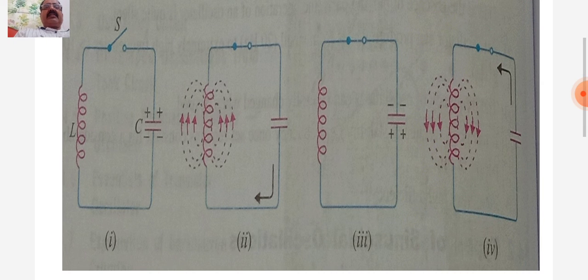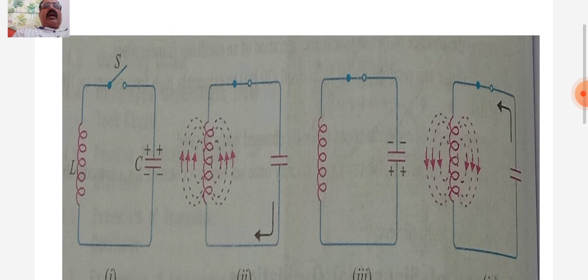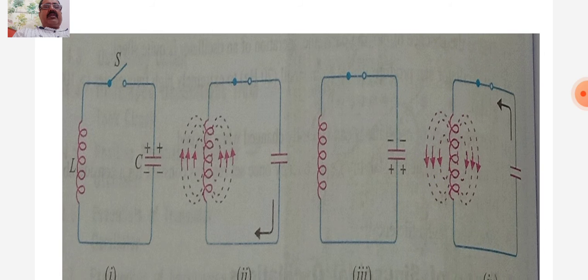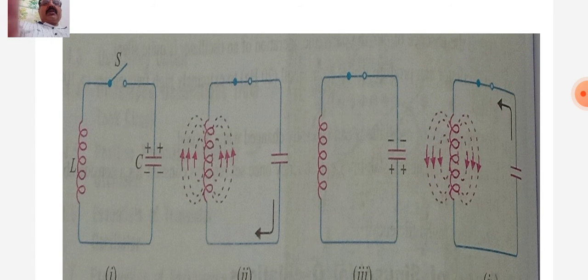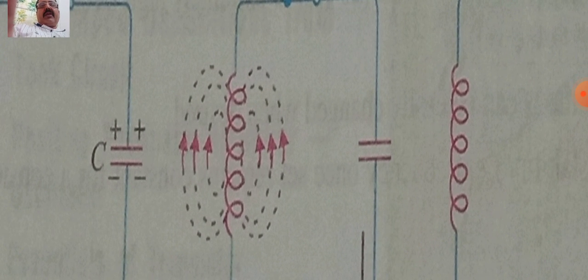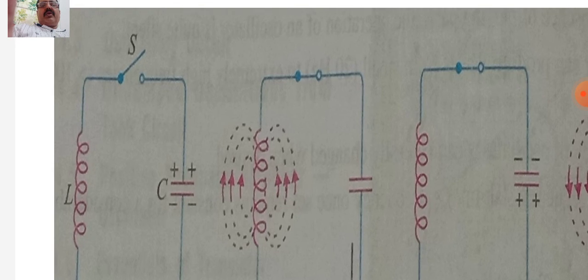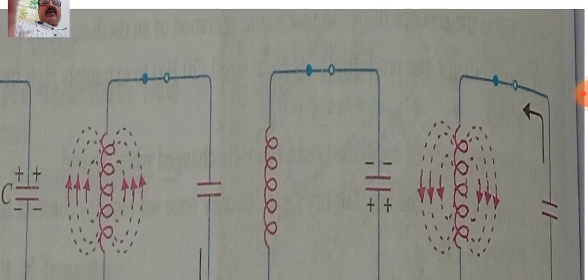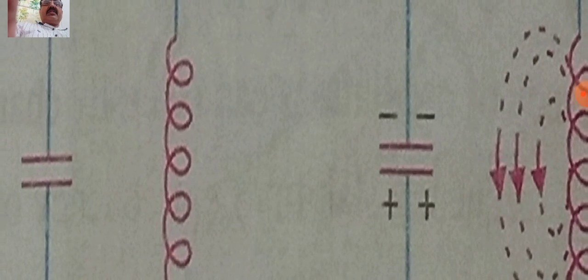The result is that the capacitor is now charged with opposite polarity, making the upper plate of the capacitor negative and the lower plate positive. So we have to consider in this figure that in figure 1 the polarities are positive and negative, but in this figure the polarities are reversed.